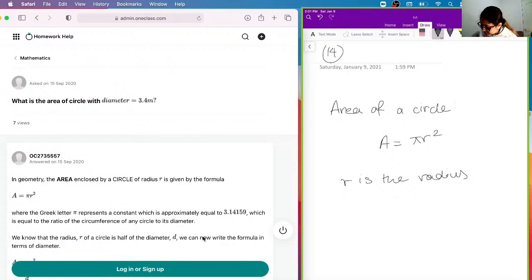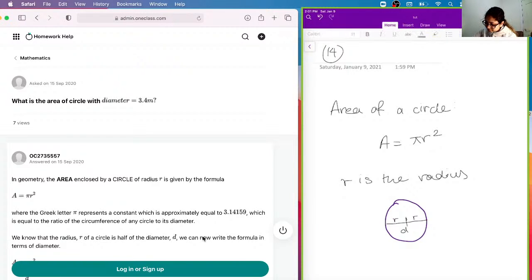So let's say we have a circle here, right? The diameter would be the whole line, and your radius would be this or this, and your whole thing is your diameter.